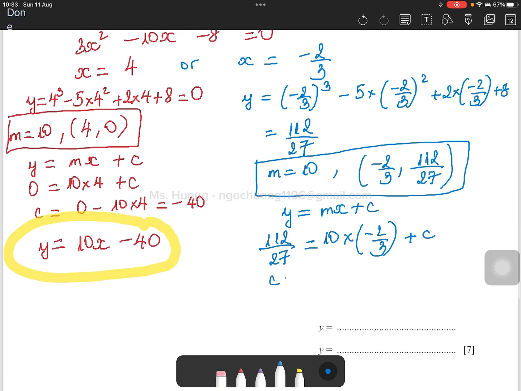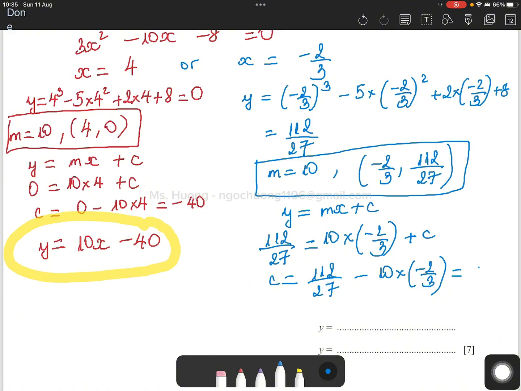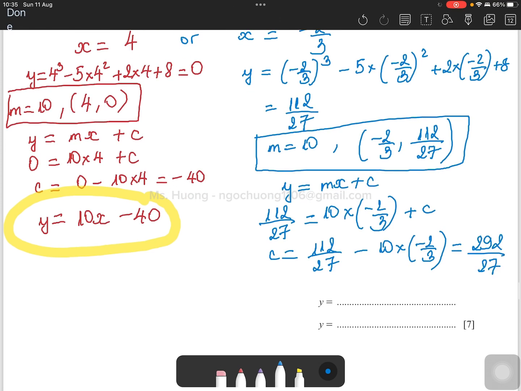So to find the value of c, we subtract 10 times negative 2/3 from 112 over 27. And the answer for c is 292 over 27. So the equation of this line is y equals 10x plus 292 over 27. So this is the second answer.